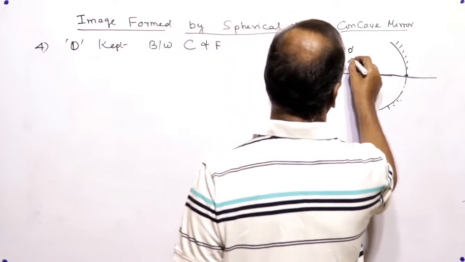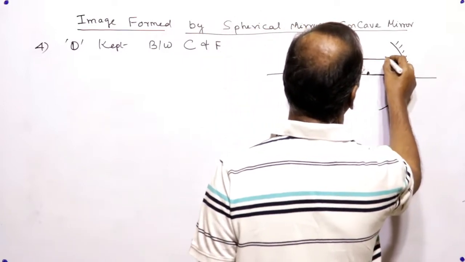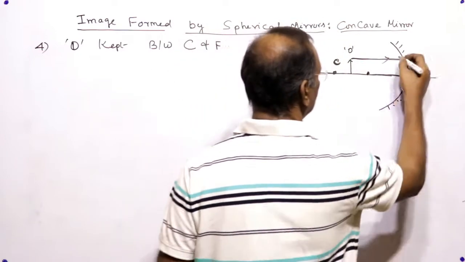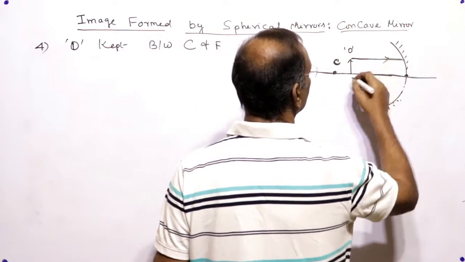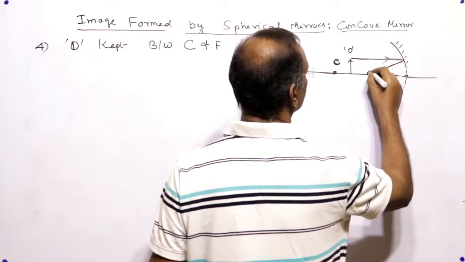One ray will go parallel to the principal axis, and after reflection from the spherical mirror, the concave mirror, it will pass through the focus.